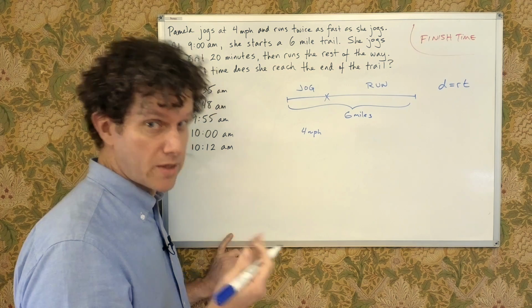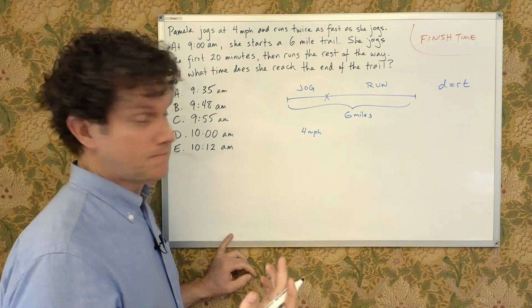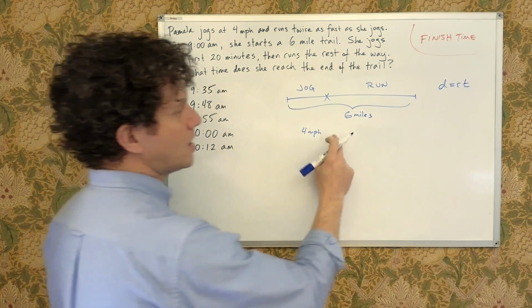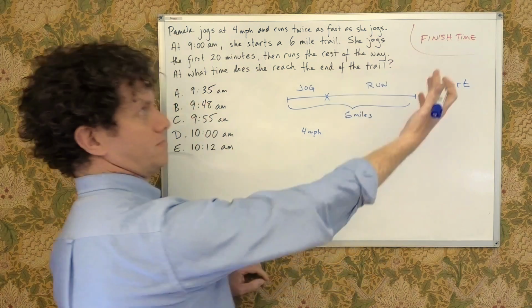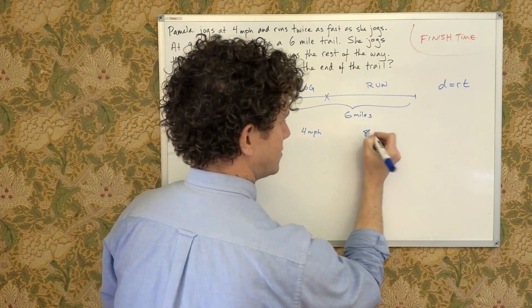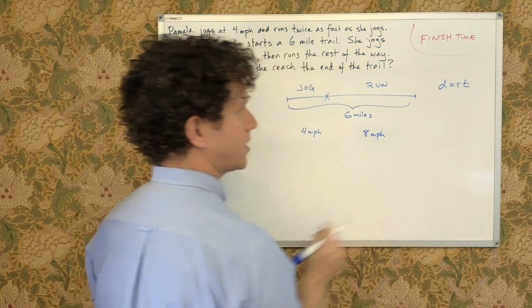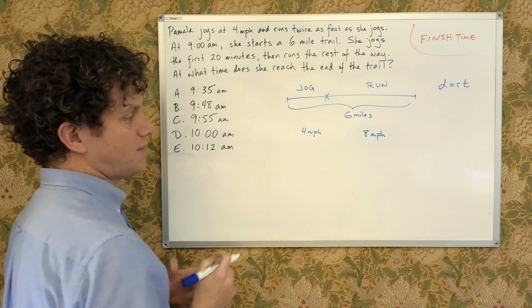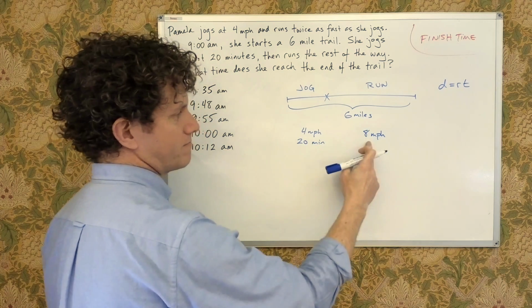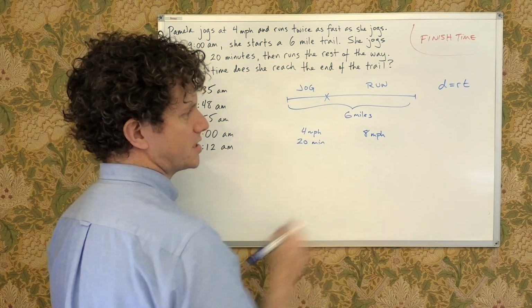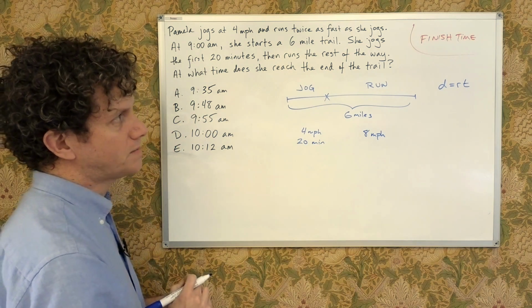Better not to make them in the first place, but come on, it happens. Her rate here, 4 miles per hour. Her rate when she runs, twice that. Okay, fine. If you don't want to say the number 8, we'll say it for ourselves. Time, 20 minutes. Time unknown, distance as yet unknown.